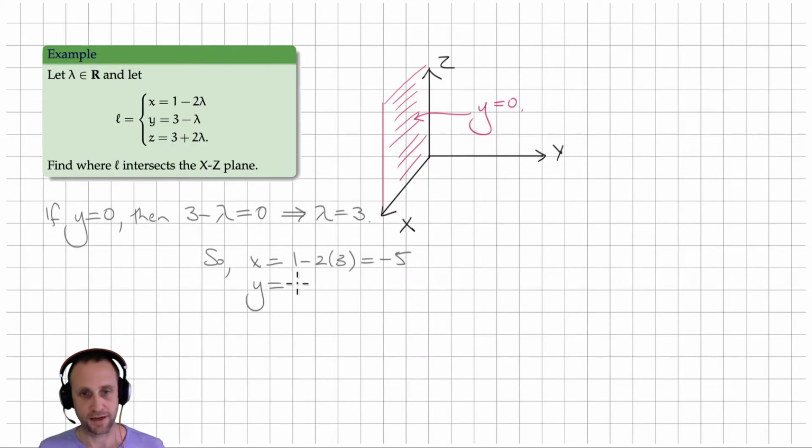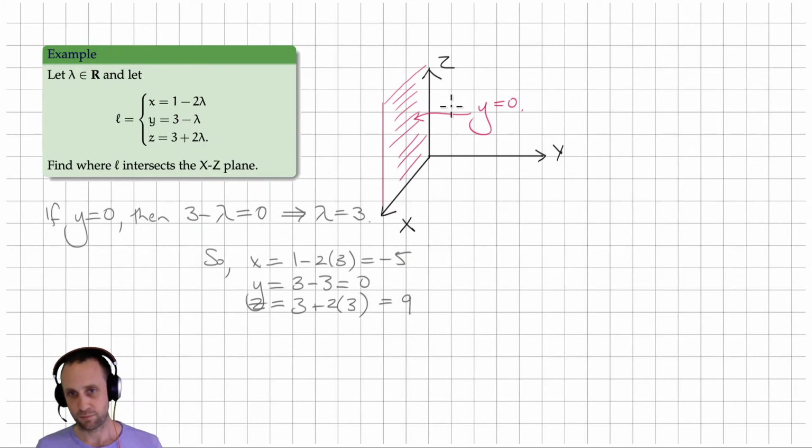Well, we've just worked that out already. That's 3 take 3, that's 0. And Z is going to be 3 plus 2 lots of 3, for a total of 3 lots of 3, or 9. So the point on this plane where this line intersects is going to be minus 5, 0, 9.